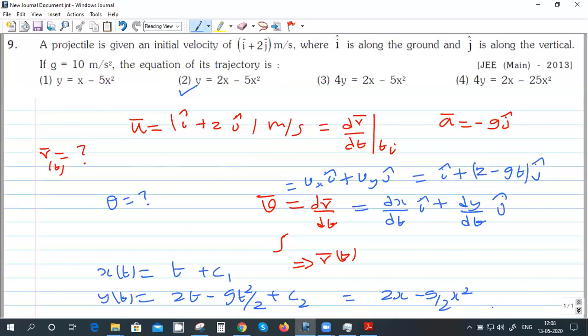And let me assume that y is also 0 at time t equal to 0. So y equal to, what is the mistake I have made? Correct. It's g by 2. G by 2 is 5. It's g by 2, I have not written properly.